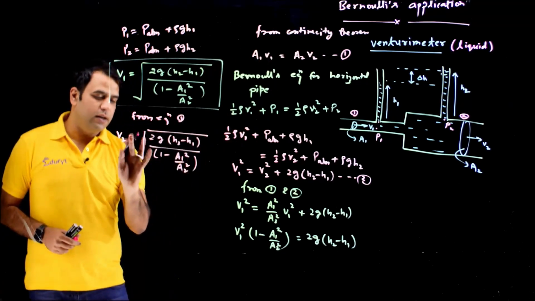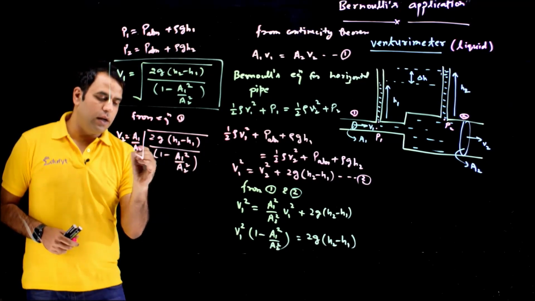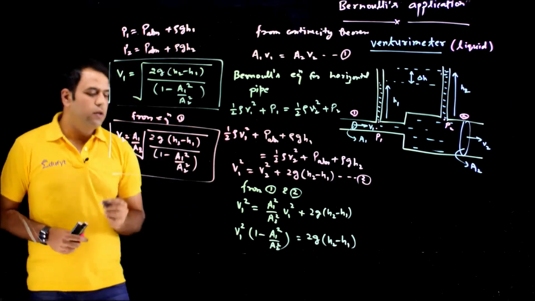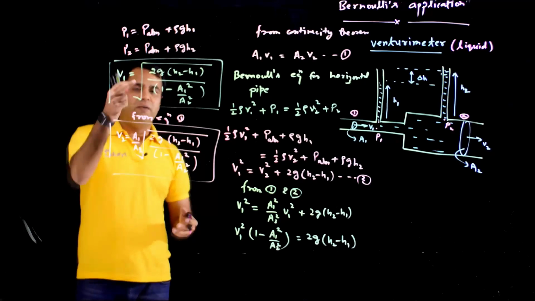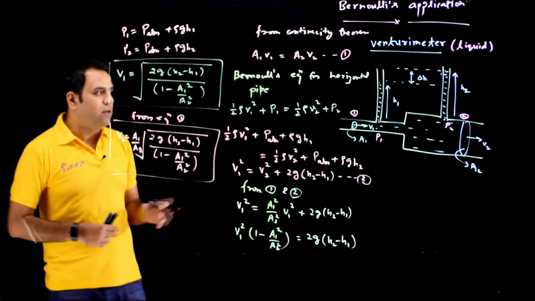So the value of V2 is this much, and the value of V1 is this much. These are the values we calculated here.